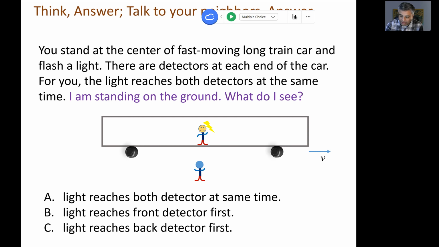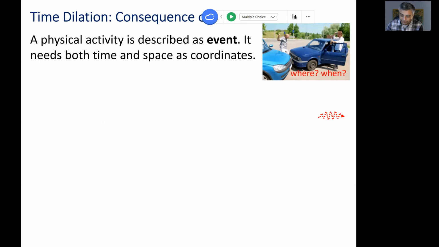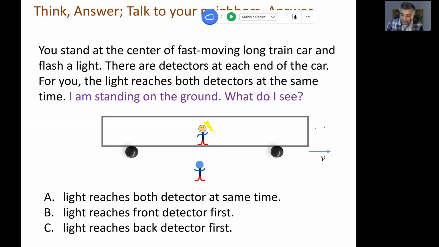So that means the front end is moving this way, meaning the light has to travel more distance to reach there, right? And this end is going to be closer to the point where the light originated. So light has to travel a shorter distance here and a longer distance here.